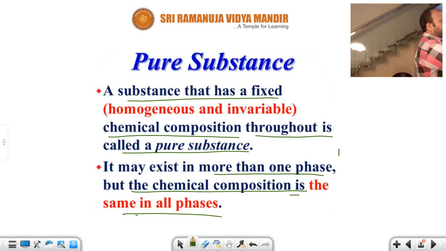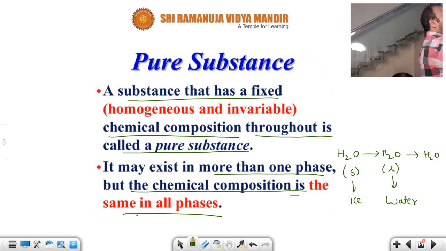For example, H2O: in solid state it is called ice, in liquid state it is called water, and in vapor or gaseous state it is called steam or water vapor.